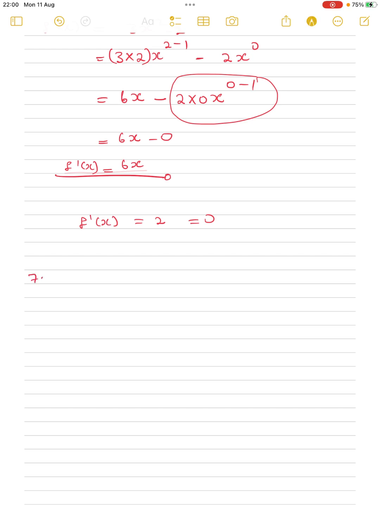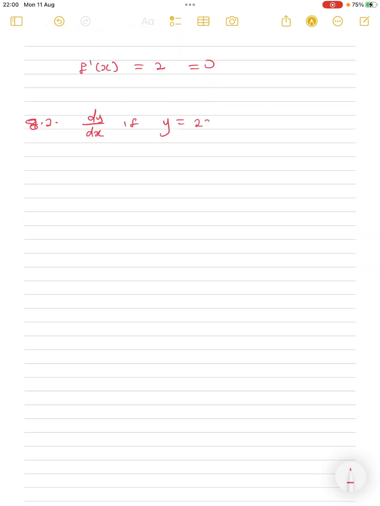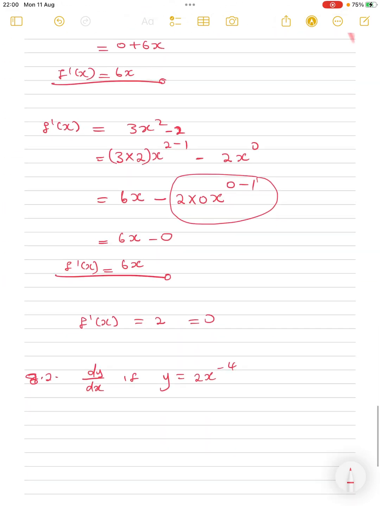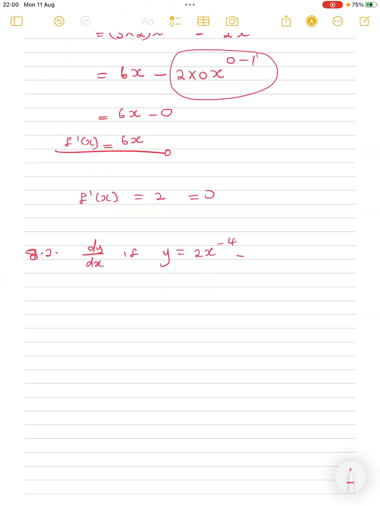So here, in question 8.2, they say find dy over dx if y is 2x to the power of minus 4 minus x over 5.